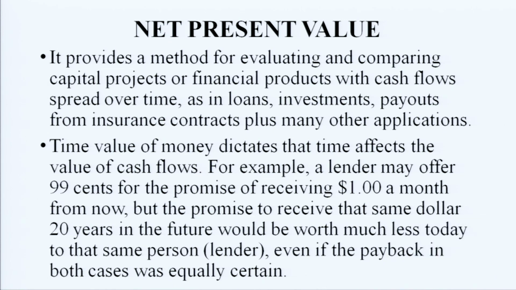For example, a lender may offer 99 cents for the promise of receiving $1 a month from now, but the promise to receive that same dollar 20 years in the future would be worth much less today to the same person or lender, even if the payback in both cases was equally certain.